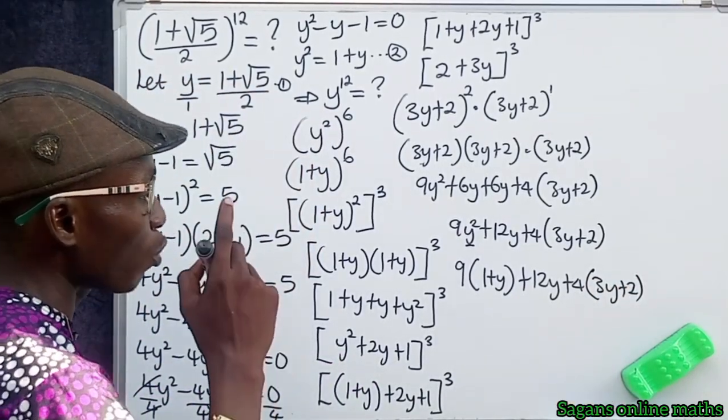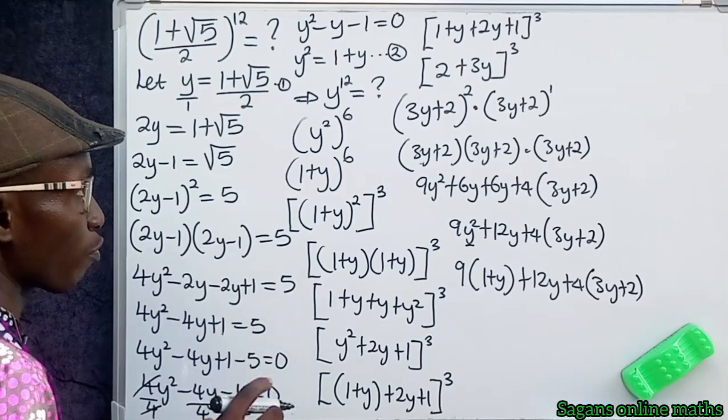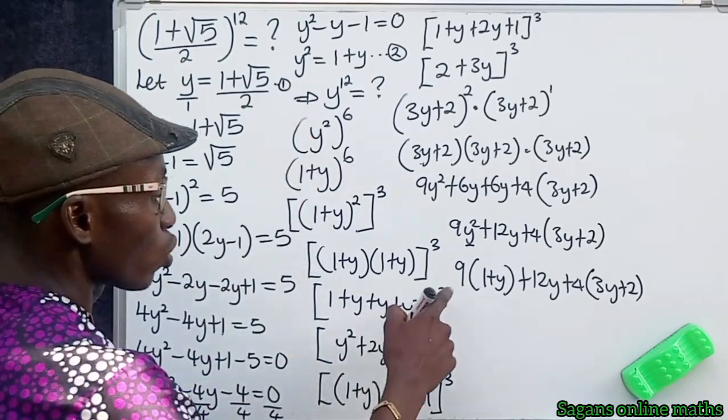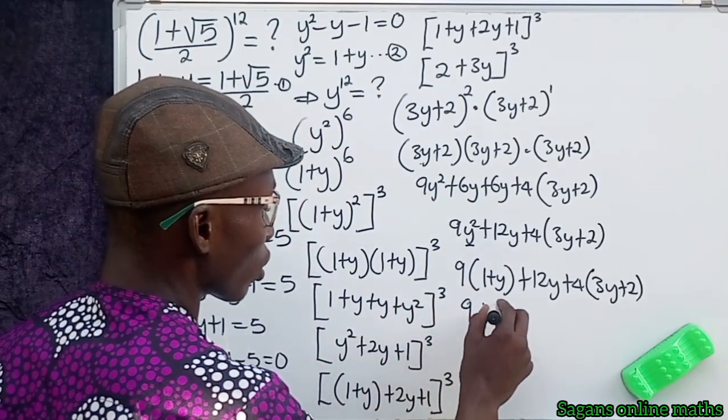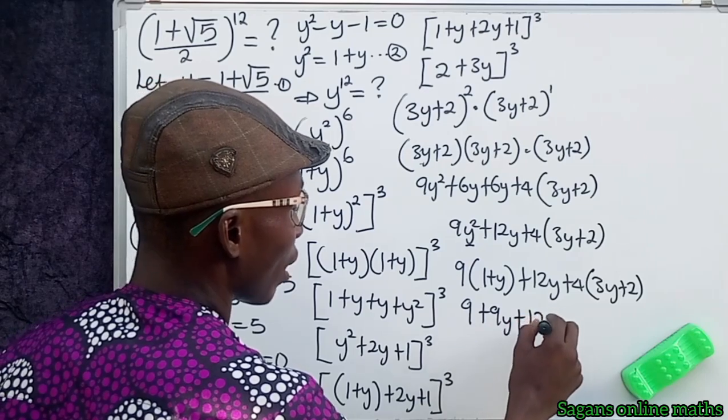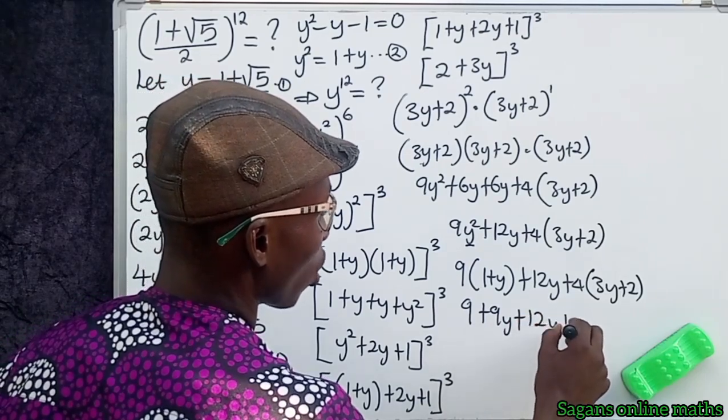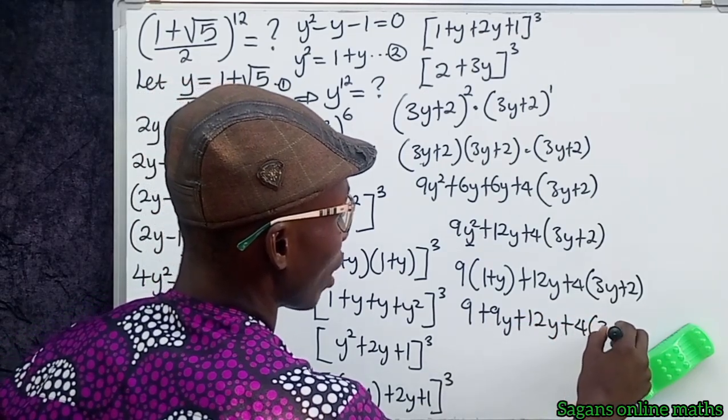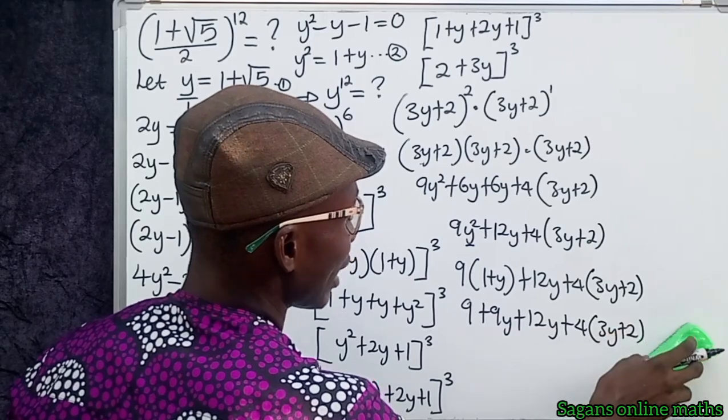Don't forget that anywhere you see y squared represents 1 plus y from equation 2, right? So 9 times 1 gives us 9, plus 9y plus 12y, then plus 4 into (3y + 2), right?